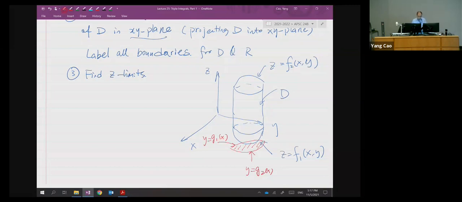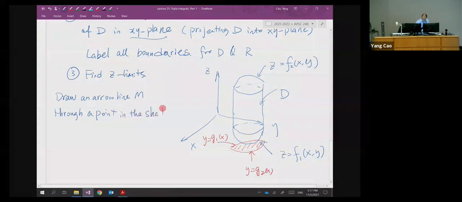So now let's do the third step: how do we scan through this region D? Here is the proper procedure. First, you draw an arrow line, let's call it M, through a point in the shadow, in the positive Z-axis direction.